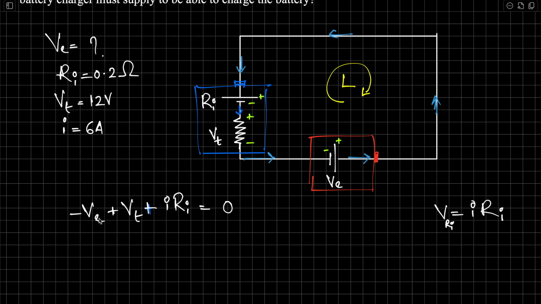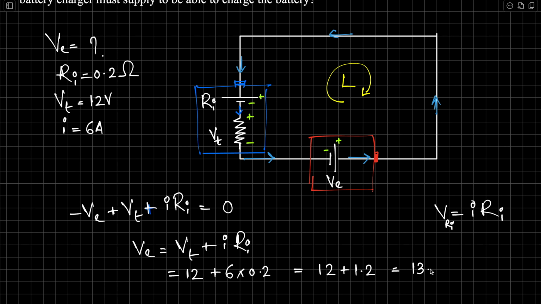Solve for VE from here. So VE equals VT plus IRi. VT is 12 volts, plus I is 6, Ri is 0.2. That is 12 plus 1.2, which is 13.2 volts.